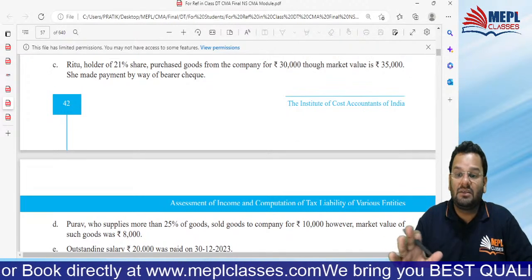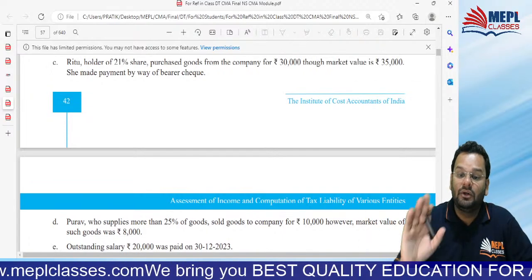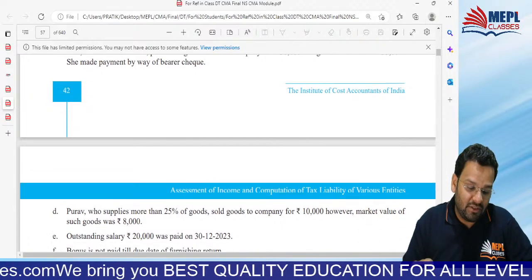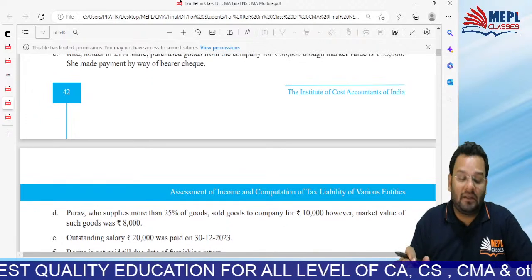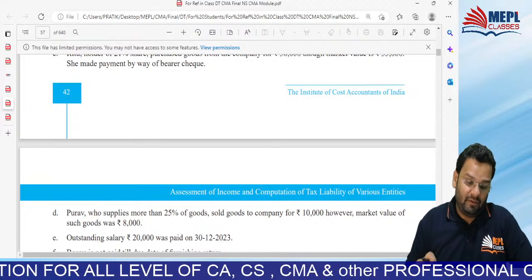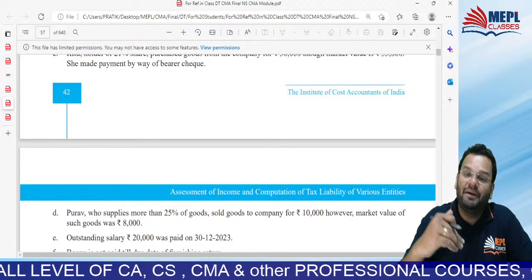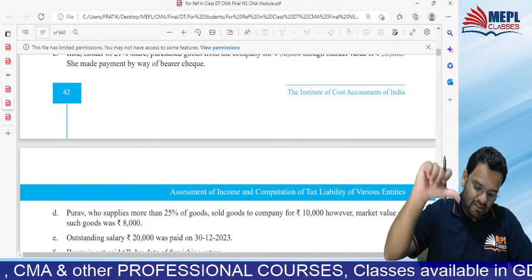It doesn't matter that you have sold for less value. There is no section to do anything with this, so neglect it. And even it doesn't matter that company has received payment by way of bearer check. She made payment by bearer check, means company received by bearer check. It doesn't matter.